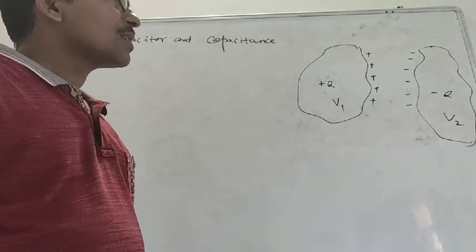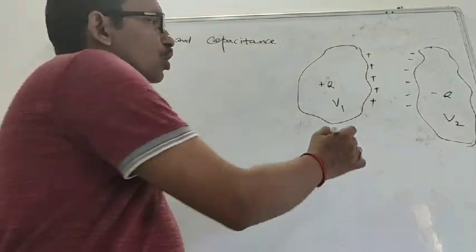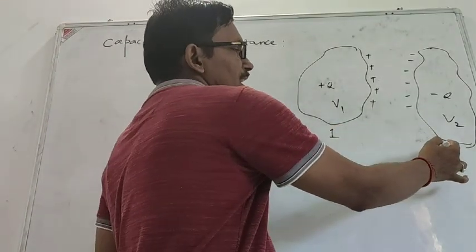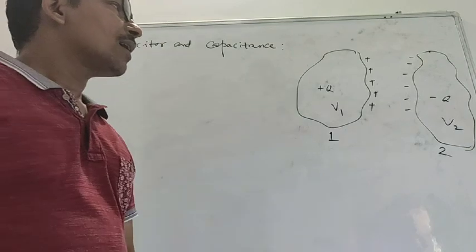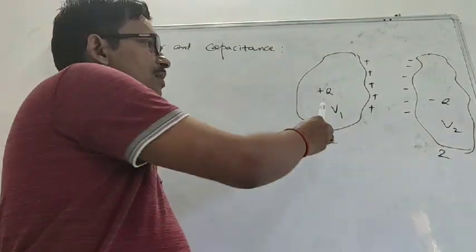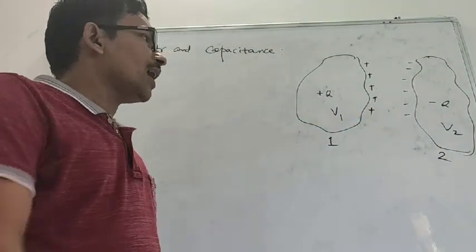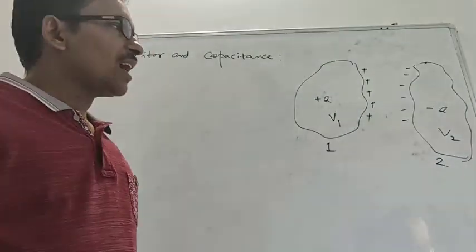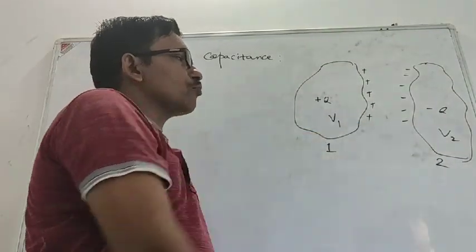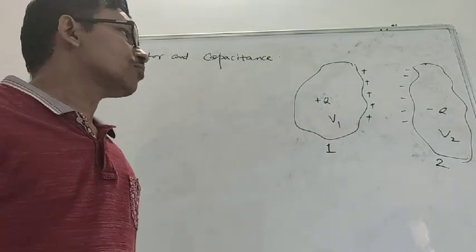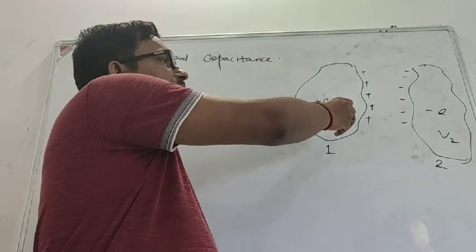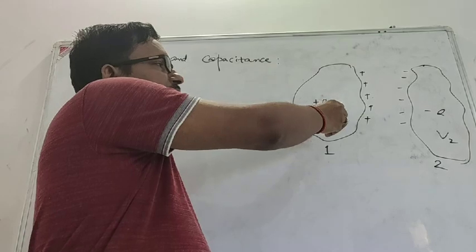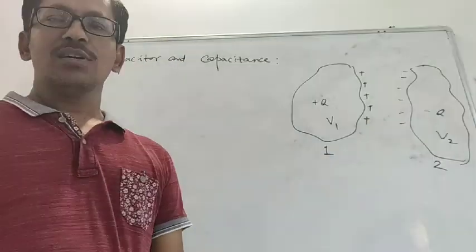Normally, a capacitor is a system of two conductors 1 and 2 having some charges, suppose Q1 and Q2, and potentials V1 and V2. And now the potential difference between the two conductors is V1 minus V2, and the charge difference is Q1 minus Q2.